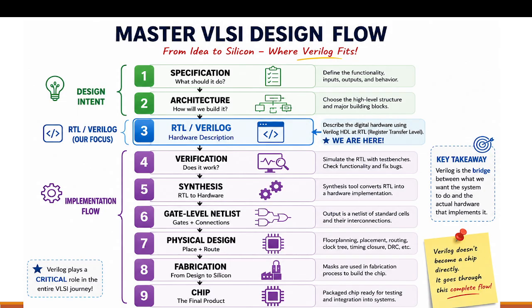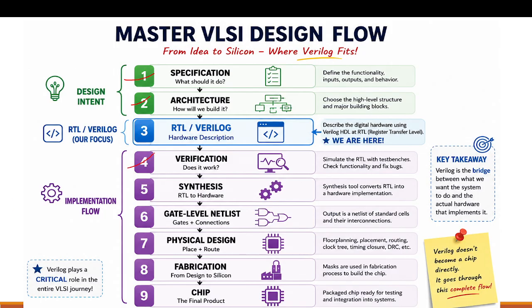So, as you can see in this particular VLSI design flow, first we have design intent or specification, what should it do, and architecture, how we build it. Then RTL Verilog, our focus. RTL Verilog is used for the hardware description. Describe the digital hardware using Verilog HDL at RTL, register transfer level. Next, implementation flow.